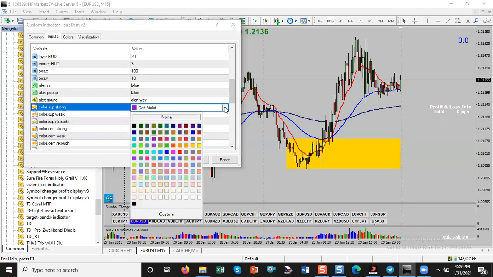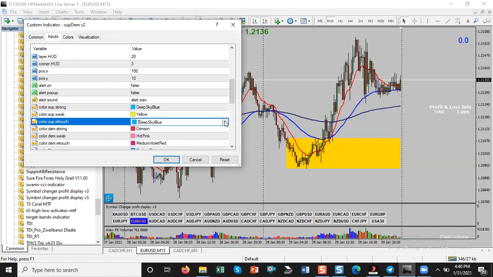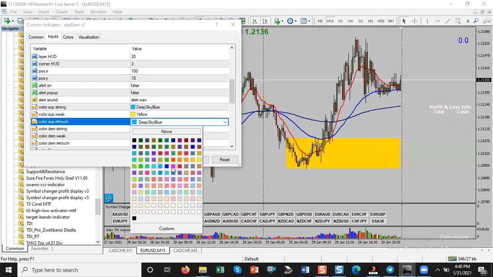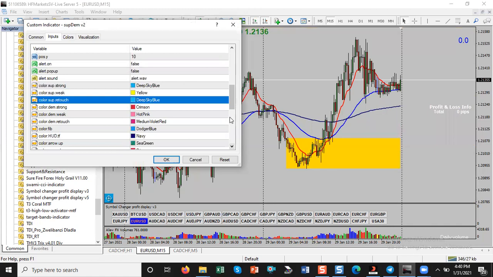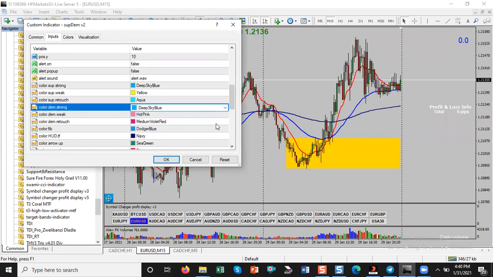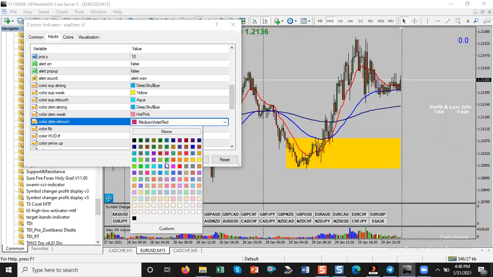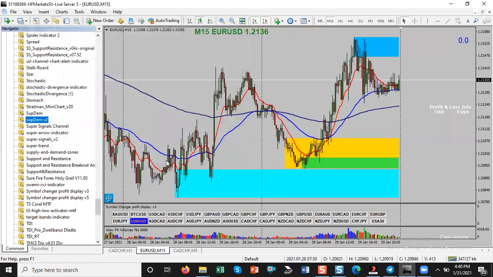Or we use deep sky blue for the fresh zone. Then on retouch, let me use something lighter, aqua. So that will be fine. So demand strong, deep sky blue. Retouch is aqua. Then click OK.